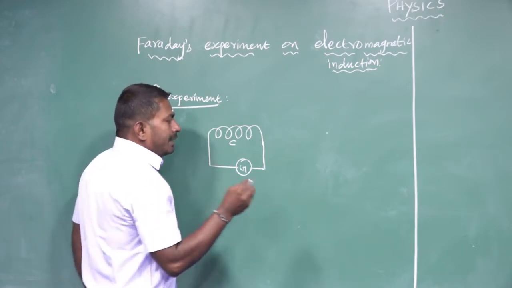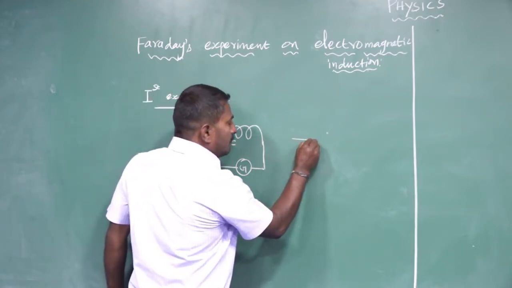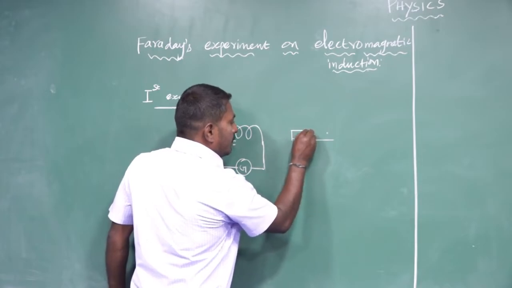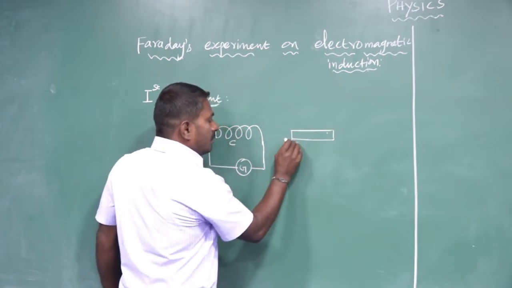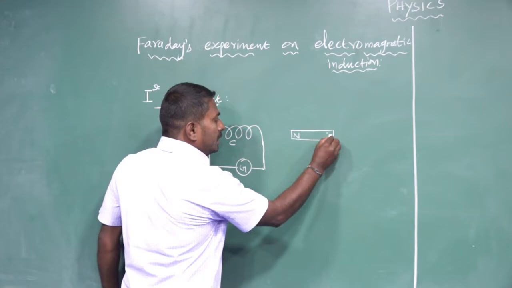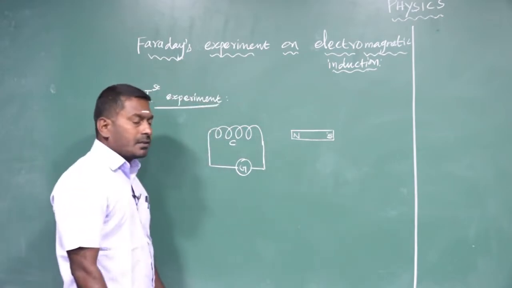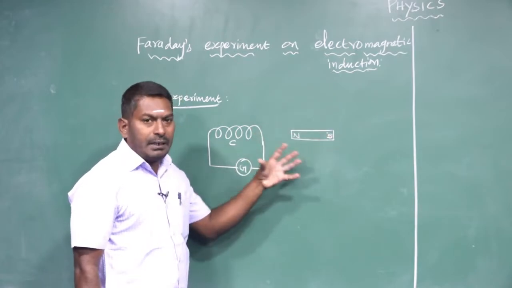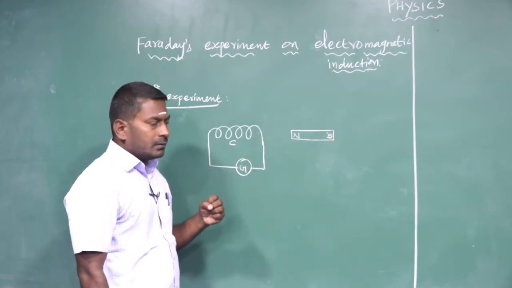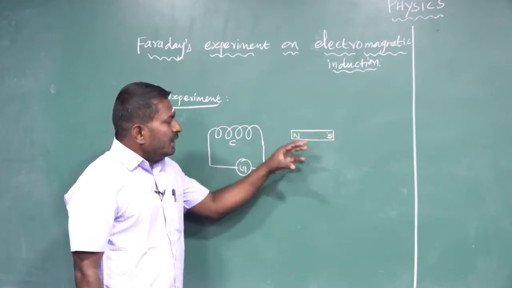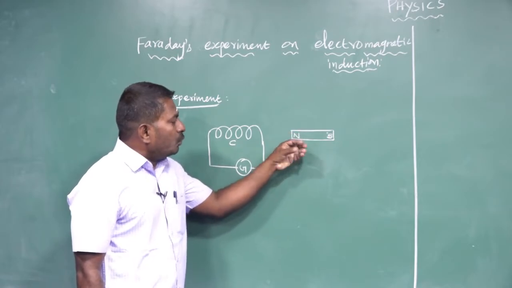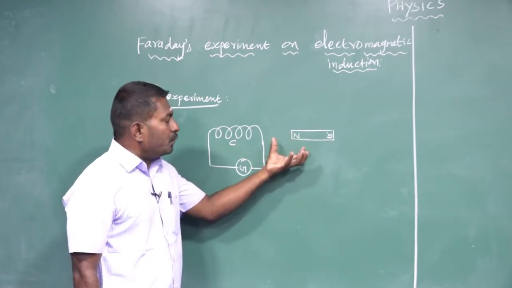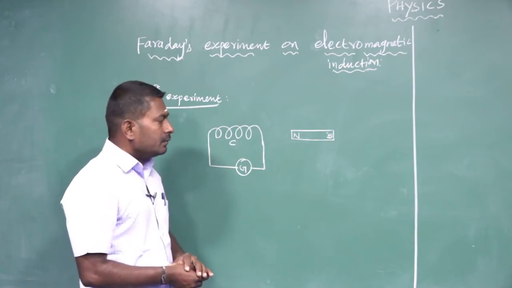Then let us consider one bar magnet: the north pole and the south pole of the bar magnet. A bar magnet produces a magnetic field around it, which you already know about, and due to the magnetic field it produces magnetic lines of force around the bar magnet.